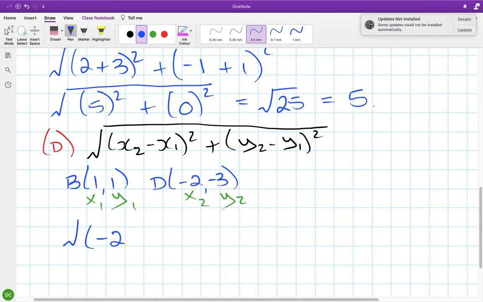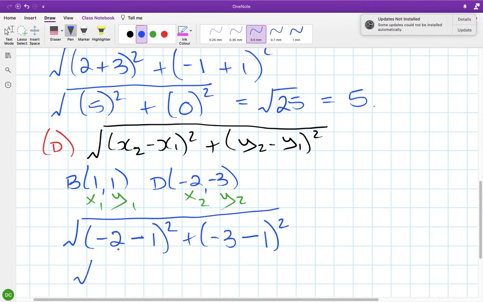Minus 2 for x2, the minus from the formula, and then x1 is 1, squared, plus y2 is minus 3, the minus from the formula, and y1 is 1, close squared. So minus 2 minus 1 is minus 3 squared, plus minus 3 minus 1 is minus 4 squared.